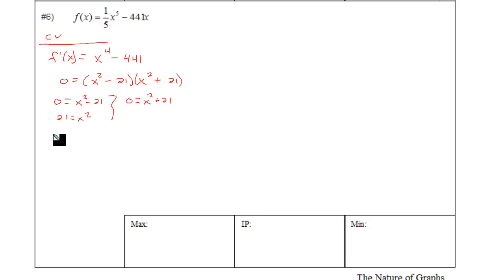Solve each of these. Here we're going to get plus or minus the square root of 21, which is approximately 4.58.